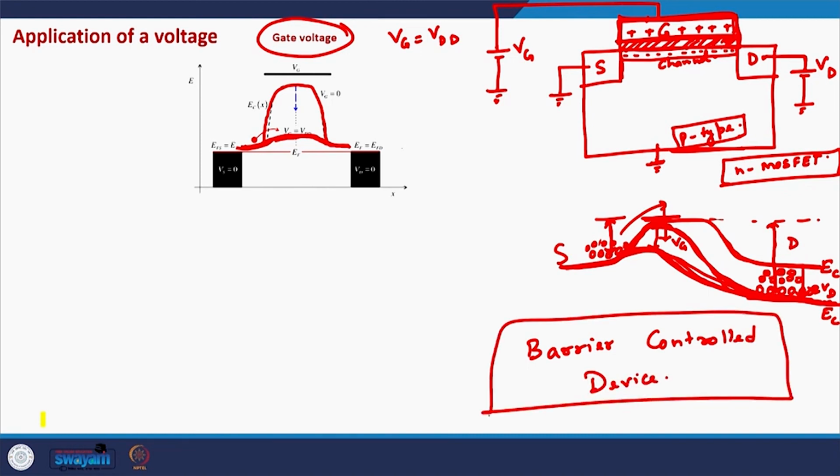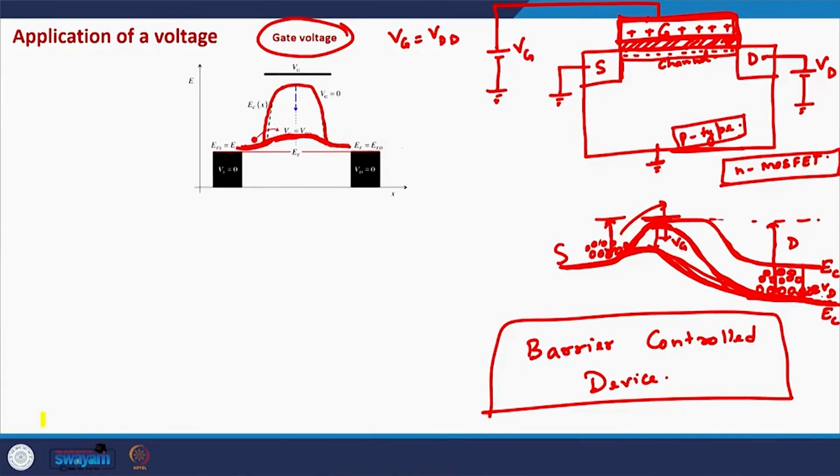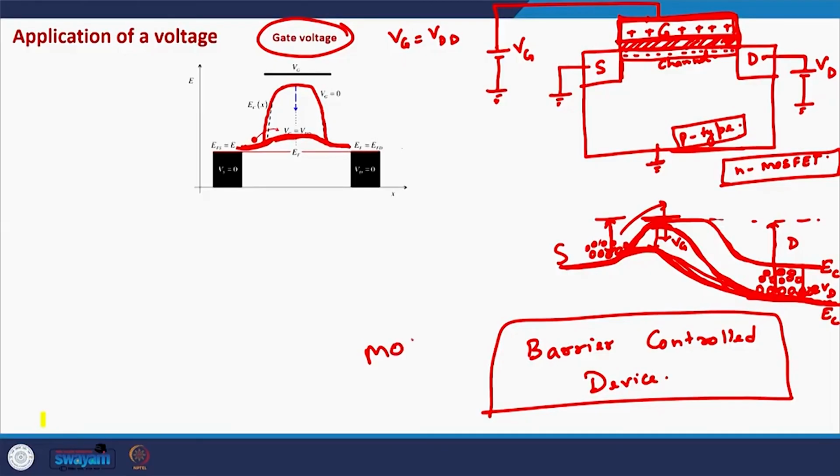Because the height of the barrier is controlled by the gate voltage, and the symmetry of the conduction band, or the symmetry of electronic distribution around the barrier, is controlled by the drain voltage, and by playing with both of these voltages we can set up a net current in the system. So by controlling the barrier, its height and the electronic distribution around it, we can control the entire IV characteristics of the MOSFET.